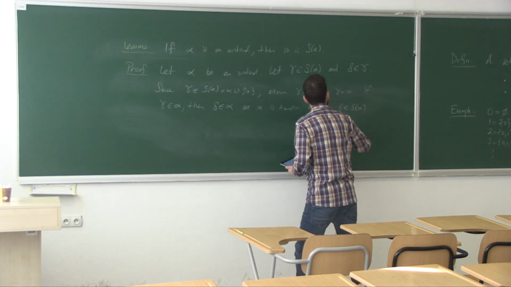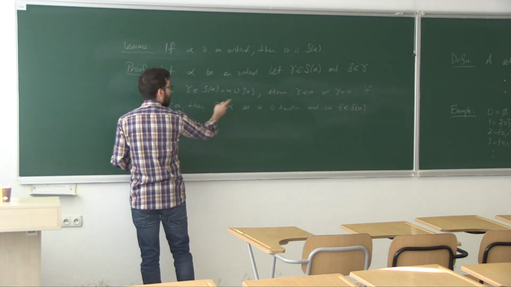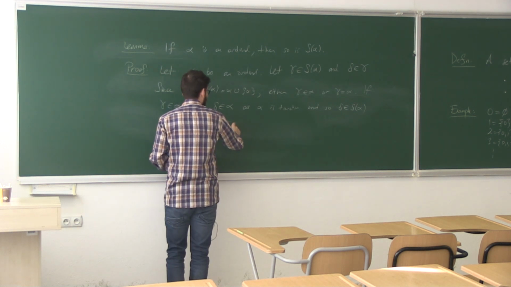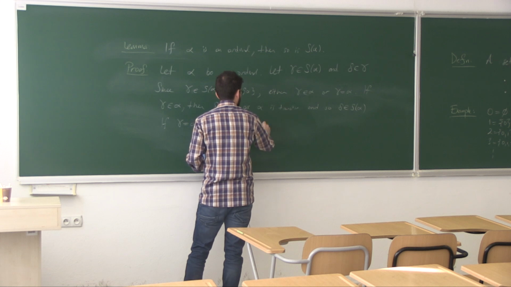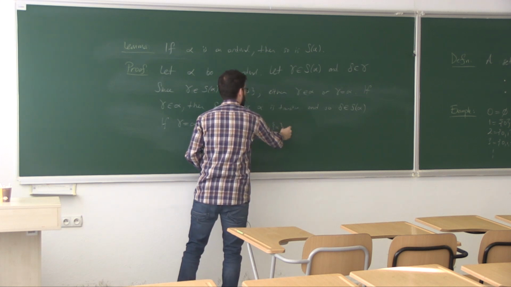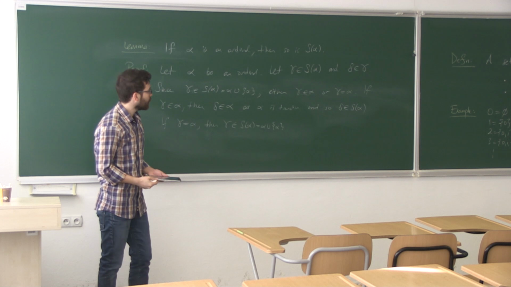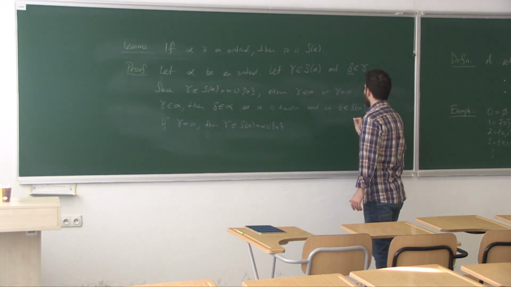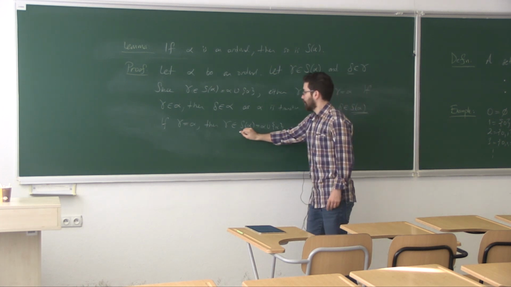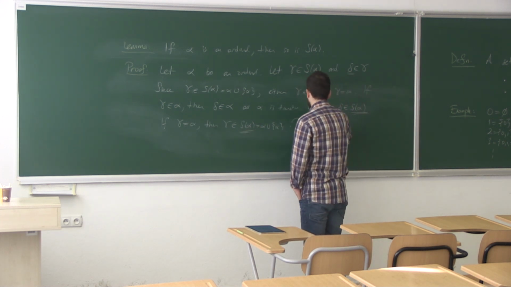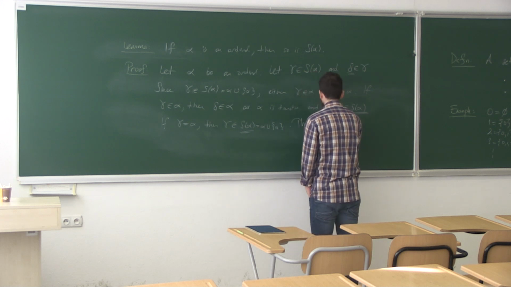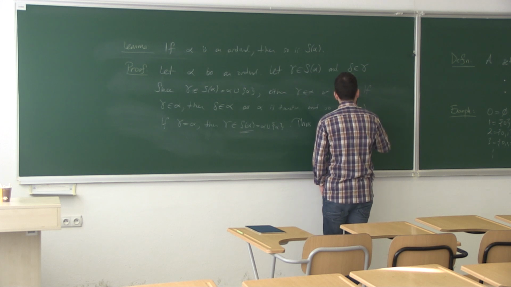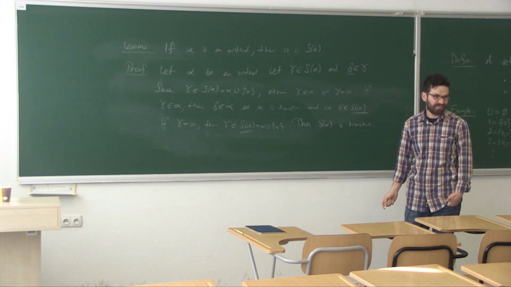Now in the second case, if gamma is alpha, then gamma is already inside S of alpha by definition. Now in both cases, I got that this delta is in S of alpha. Thus, S of alpha is transitive, okay?